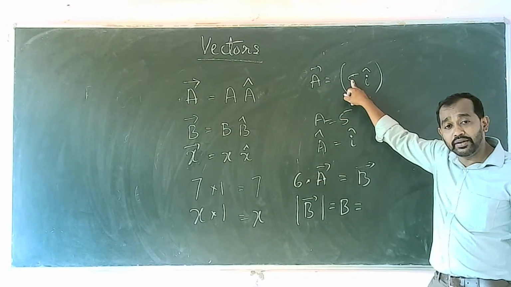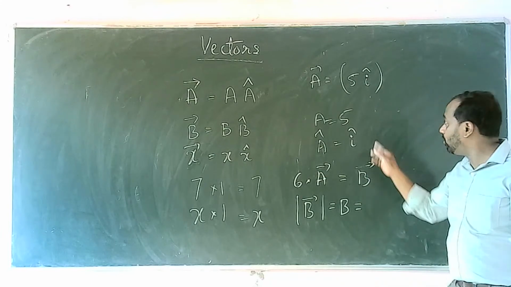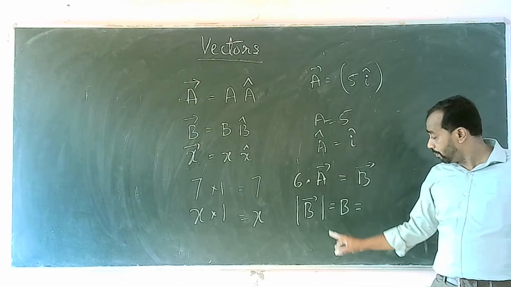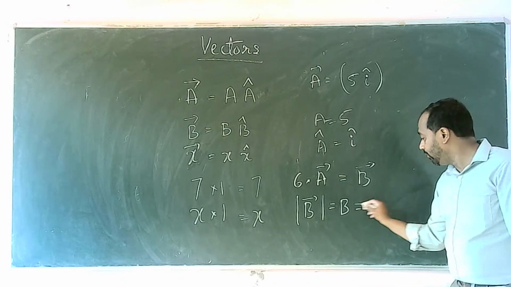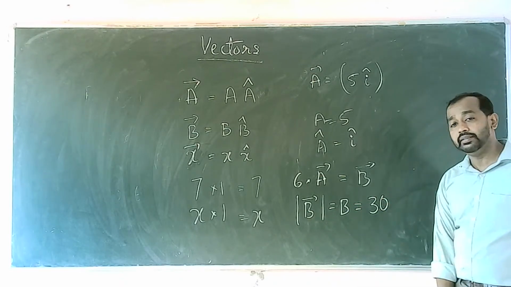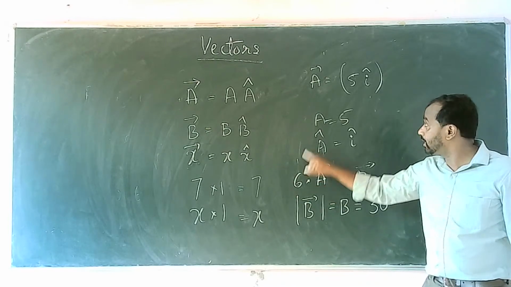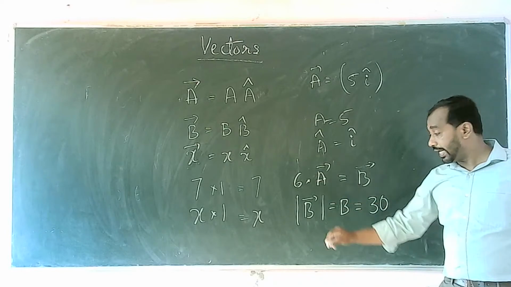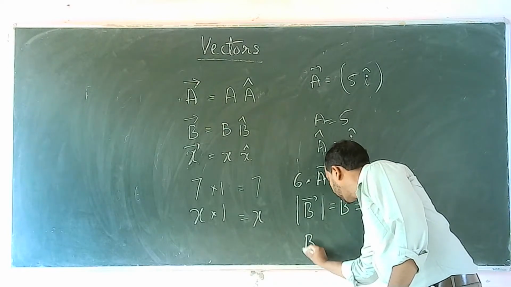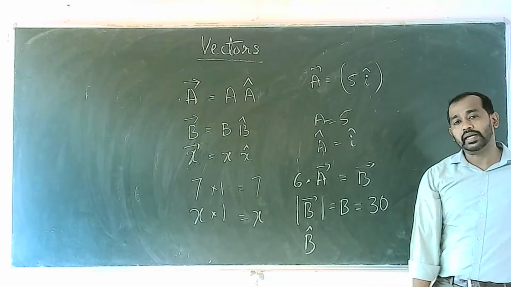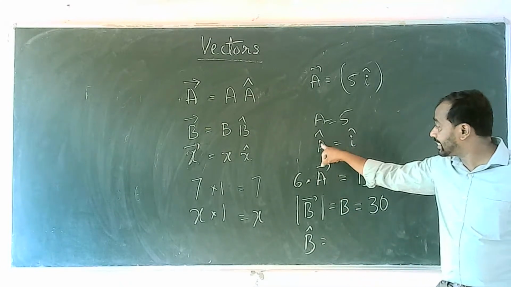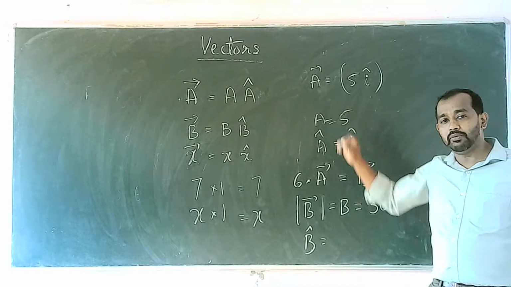So 6 into 5 into I cap will be equal to how much? 6 into 5, 30 into I cap. So the magnitude of vector B will now be equal to 30. It is 6 times the magnitude of vector A. But what is the direction of vector B, which is represented as B cap? It is again the same as before.